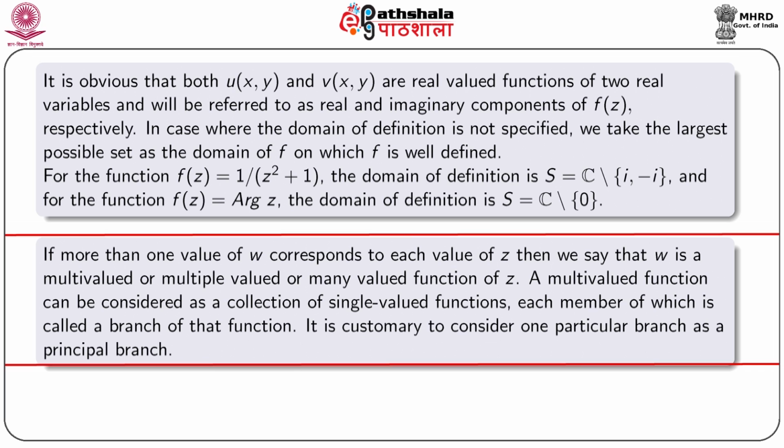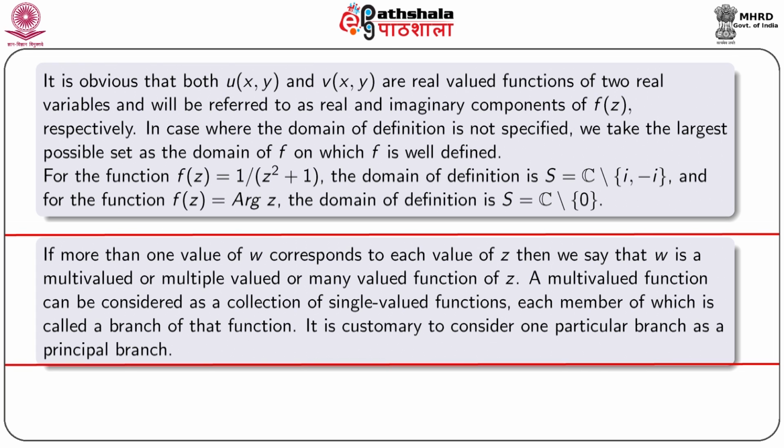If more than one value of w corresponds to each value of z, then we say that w is a multi-valued or multiple valued or many valued function of z.